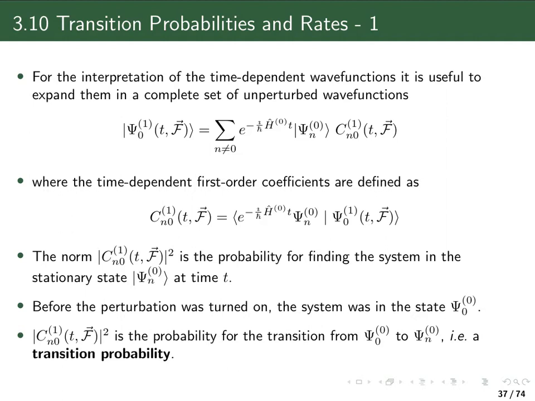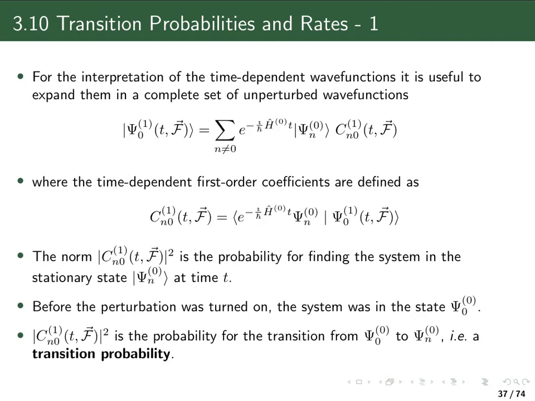Now in the derivation of time-dependent perturbation theory in the last lecture, we assumed that the system was in the unperturbed state psi 0 before the perturbation was turned on. You can easily see that, because in the expansion of the time-dependent wave function, the zeroth order function was this psi 0.